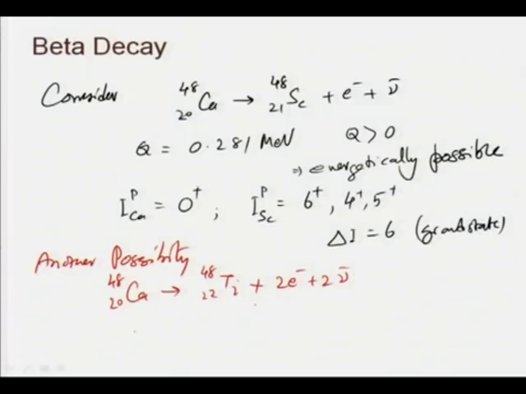That is not the case. It goes in one step to titanium, not as an intermediary. In that case, the I P of the initial is 0 plus, and titanium 48 has 0 plus as the ground state. Delta I is equal to 0, it is an allowed transition, right. It will fall under allowed transitions.